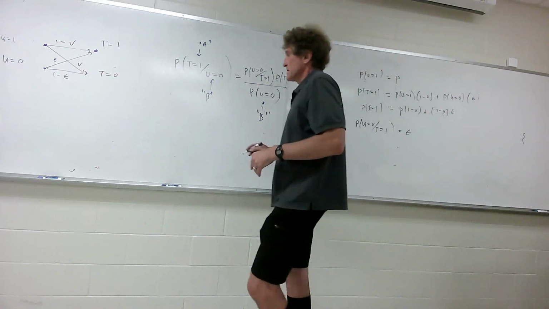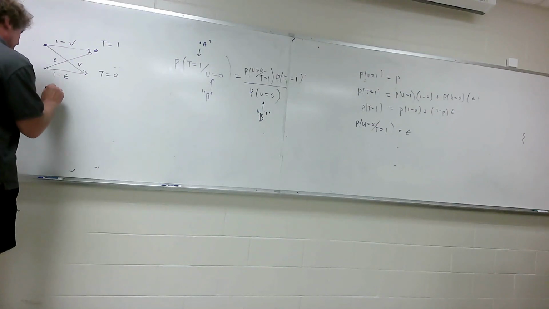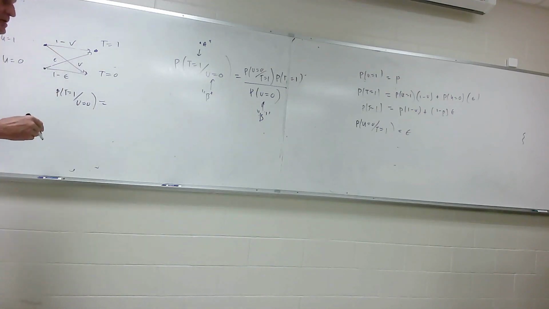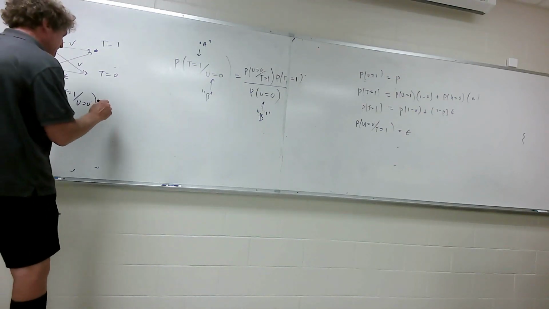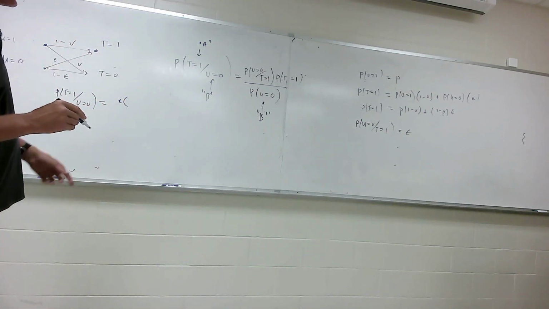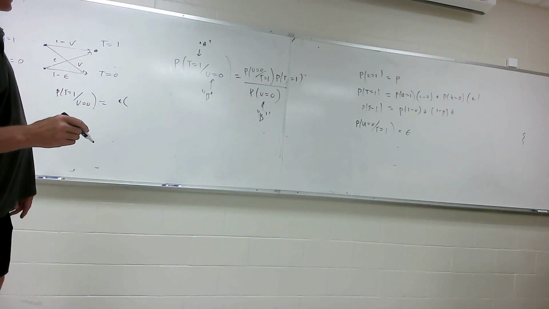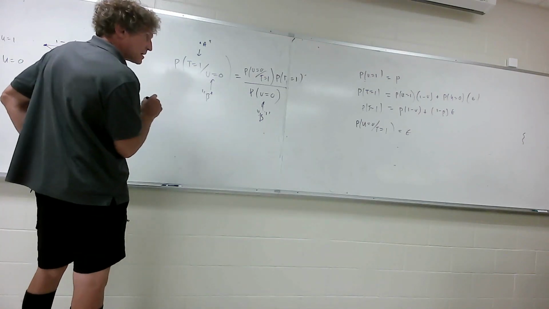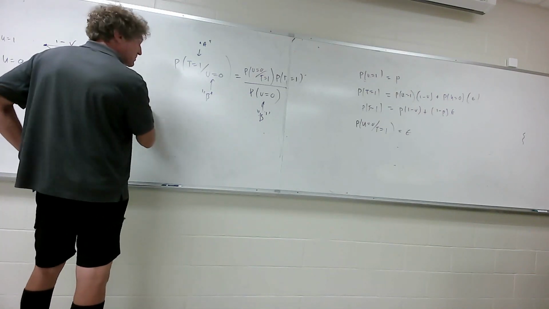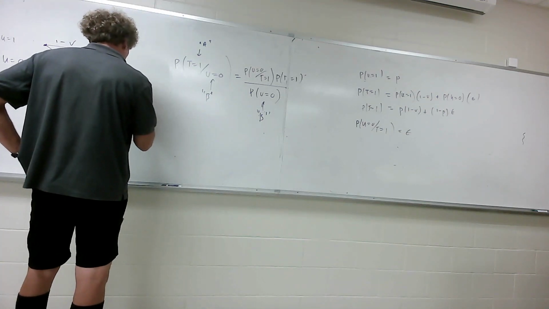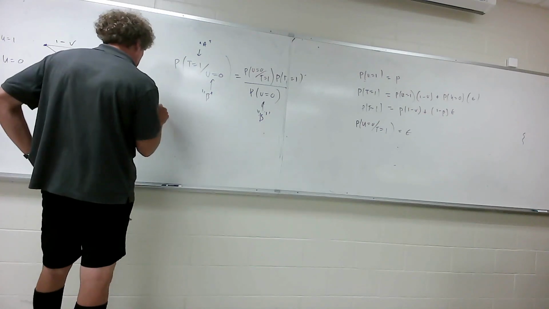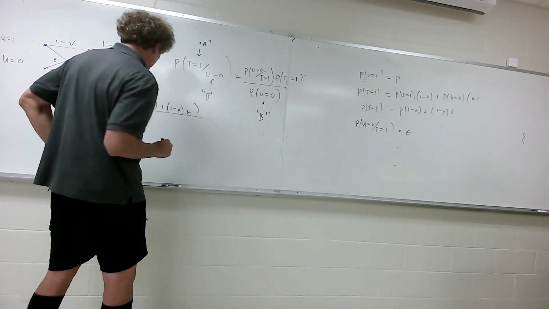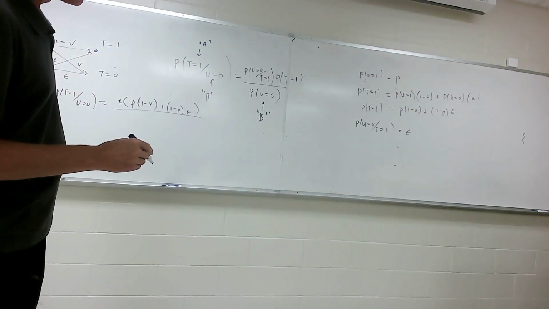Now I'm going to come over here and put the thing together. So the probability of the test equal 1 given u equals 0 is equal to the probability of u equals 0 given test equals 1, which is epsilon, times the probability of test equals 1, which is going to be p times 1 minus v plus 1 minus p times epsilon, and it's all divided by the probability u equals 0.